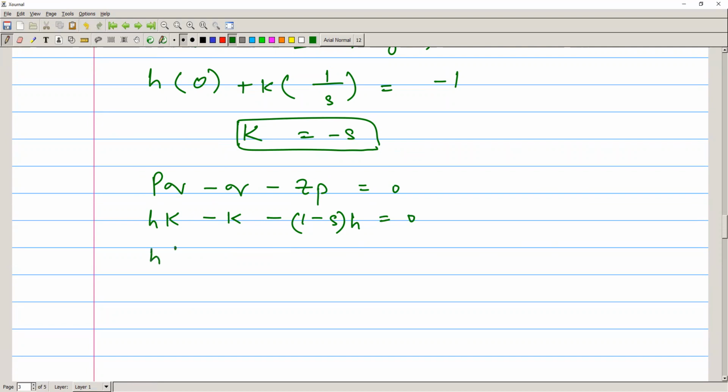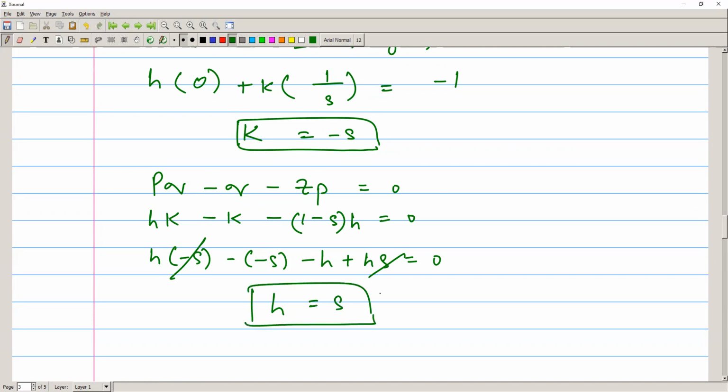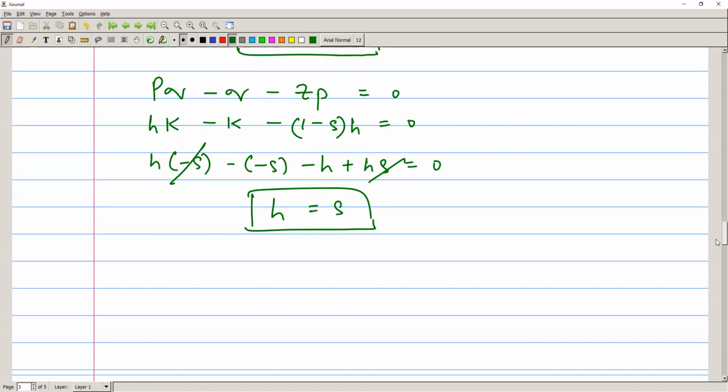So now we already found k as negative s, so we get negative h and positive hs is equal to 0. So this hs and hs will cancel out, and we will be left with h is equal to s.